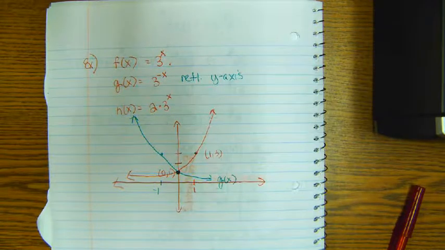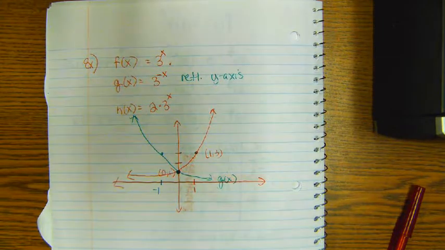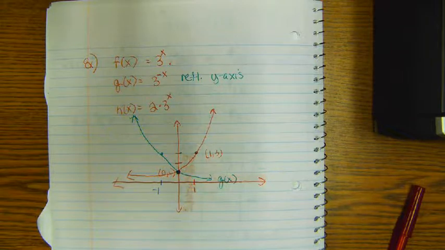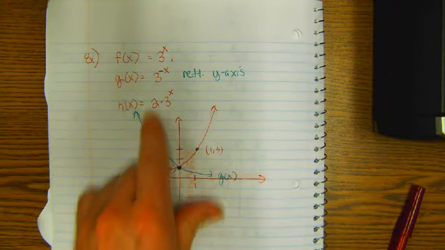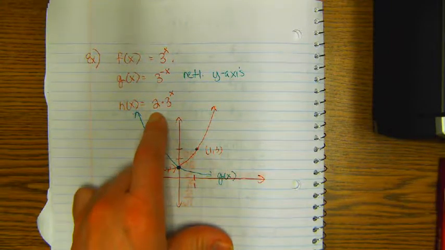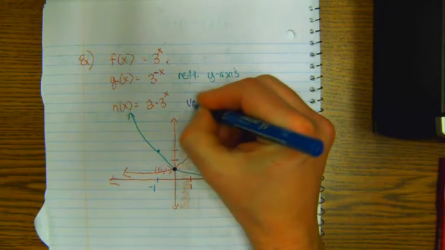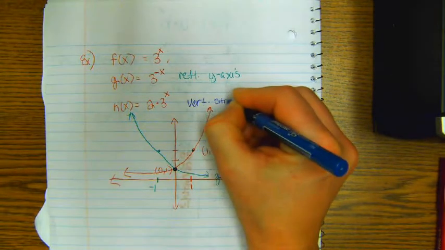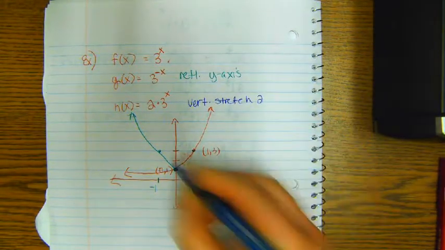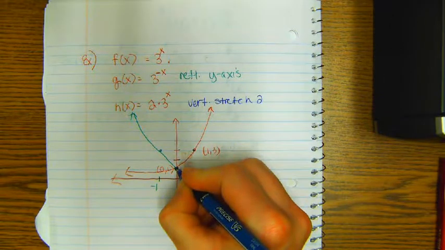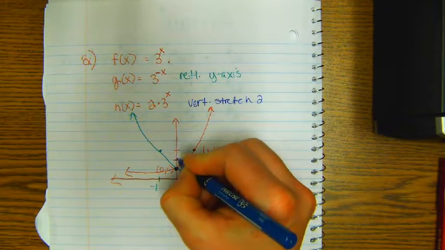What if I put a 2 in front? I know that the y-intercept is now what? Instead of 1, it's now 2. But really what this means in transformations is this is a vertical stretch of 2. So this 0, 1 would go up to 0, 2.